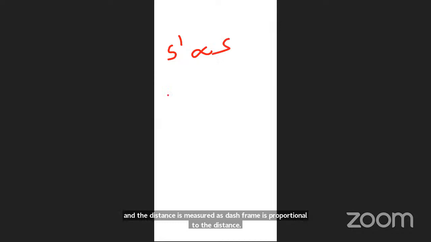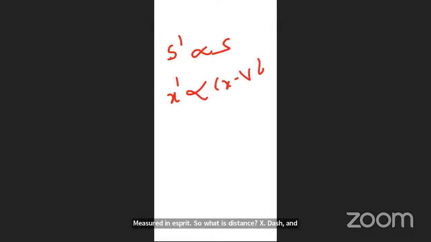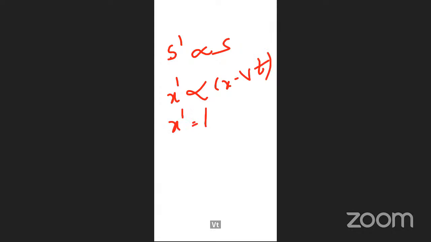The distance measured in the S' frame is proportional to the distance measured in the S frame. So the distance x' is proportional to the S frame distance x minus vt. So x' is equal to k into (x minus vt).